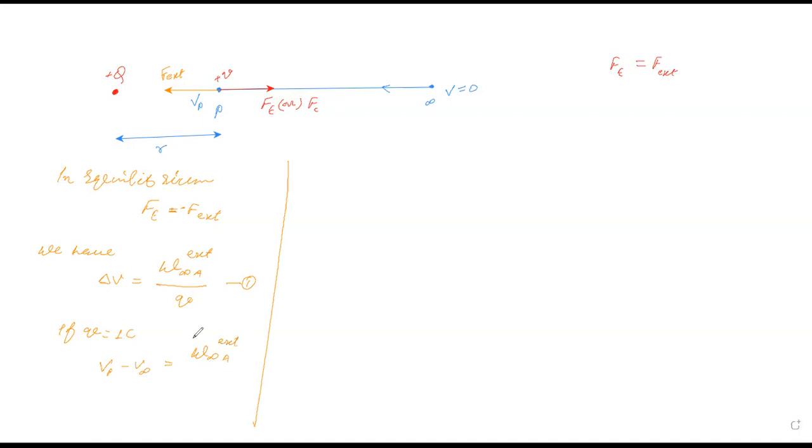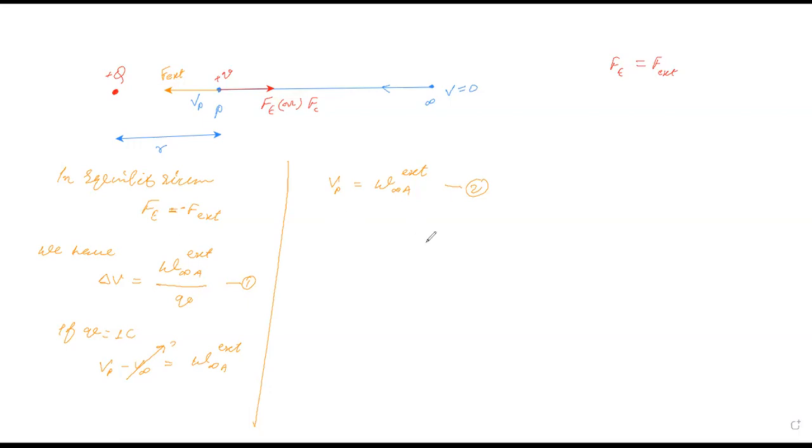We can also write V at P is equal to W from infinity to A external. This is your equation number 2. We have taken V at infinity as 0. Are you clear till here?